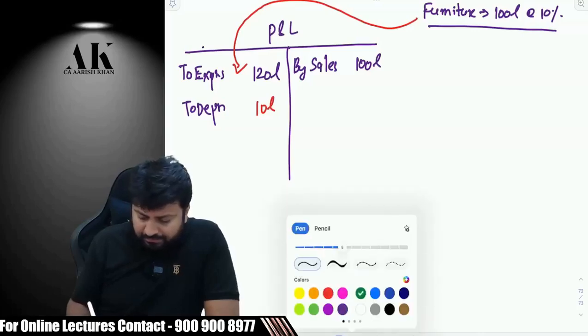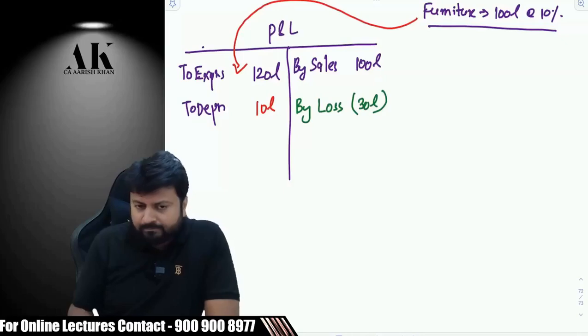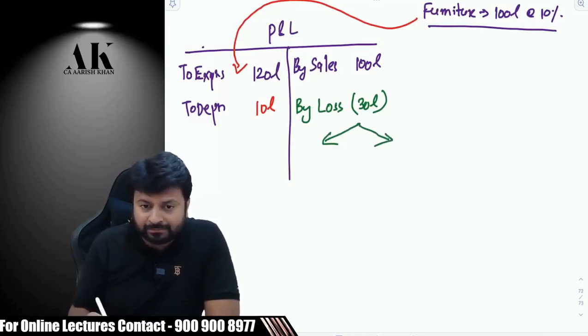Now, if I compute his income, he is incurring a loss of 30 lakhs. But income tax law divides this loss first of all into two parts. It does not directly carry forward.